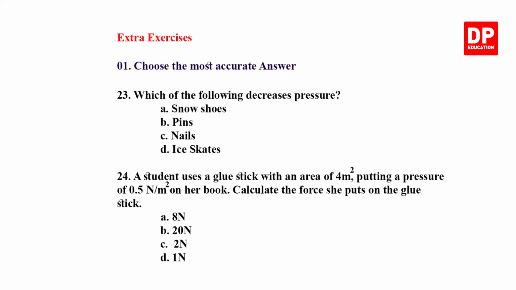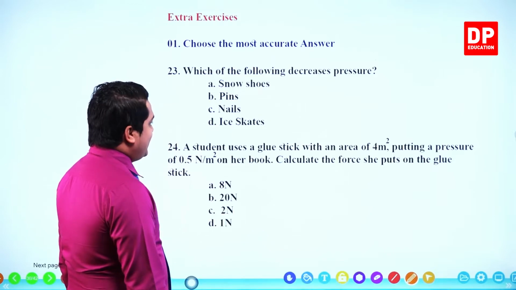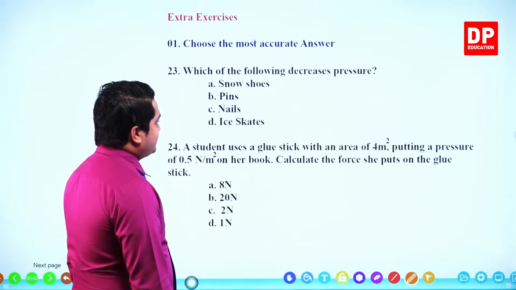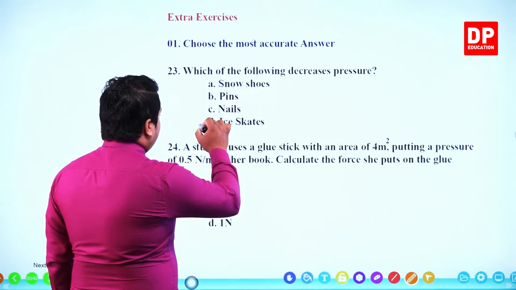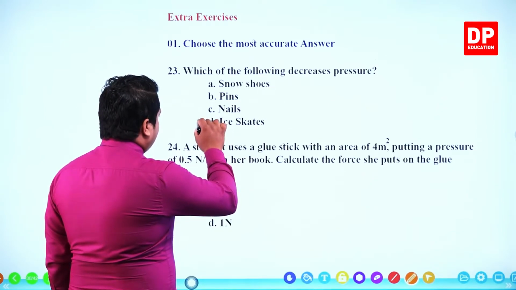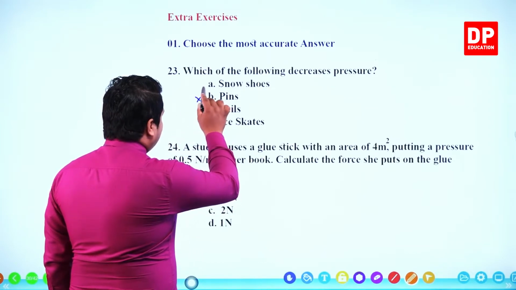Next question: which of the following decreases the pressure? Snowshoes, pins, nails, ice skates. You know that ice skates increase the pressure, so it is incorrect. Nails once again increase, pins once again increase.